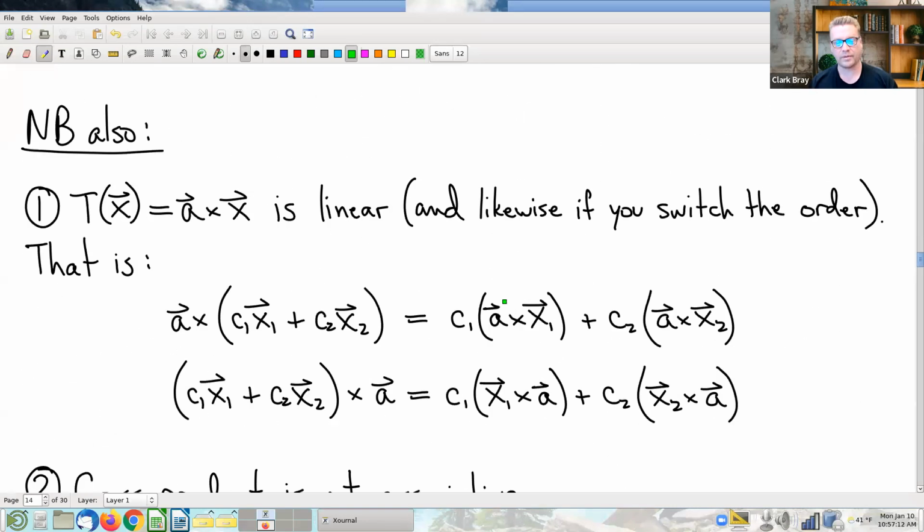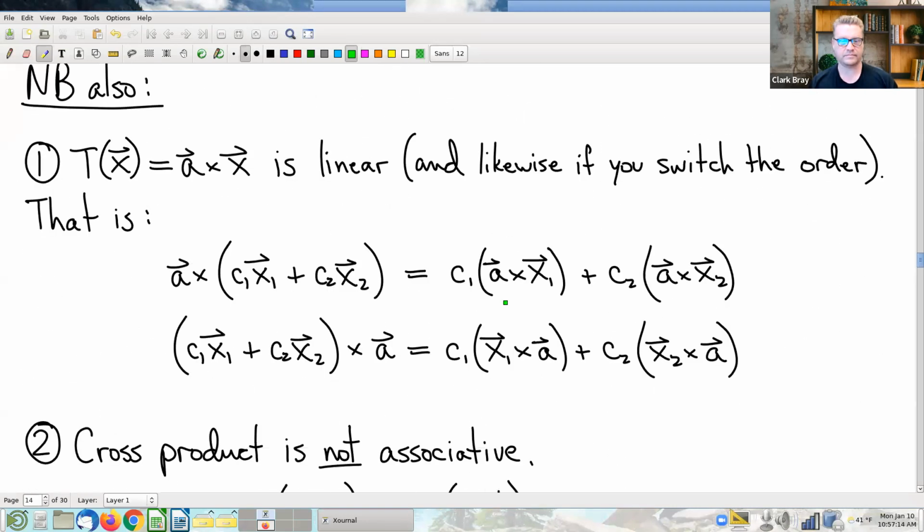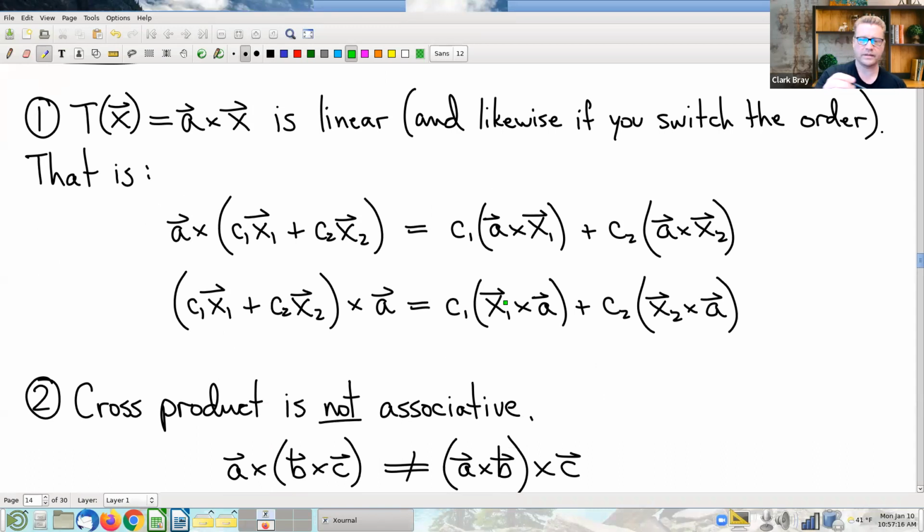A couple of other facts. This is a combination of observations that the book makes. I think it's easier to combine it into a single statement that cross product with a given fixed vector A is linear. Linear in the sense that this vector here, being the input vector, is the input to the function.